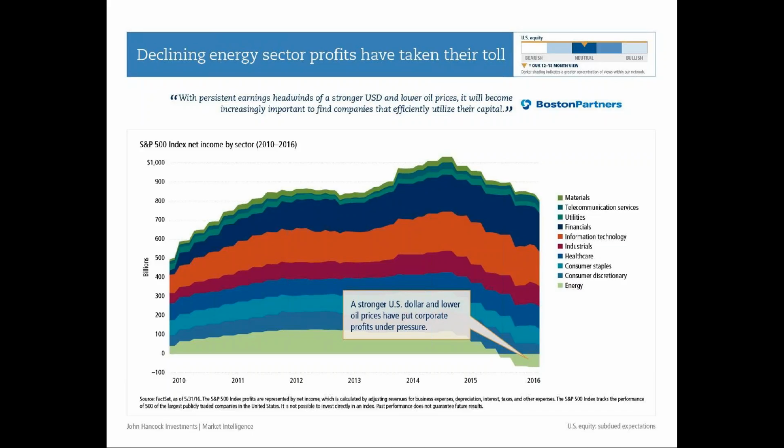So stock prices over the long term tend to follow profits. And with profits falling since 2014, that makes it hard for stock prices to move meaningfully higher off this kind of backdrop.